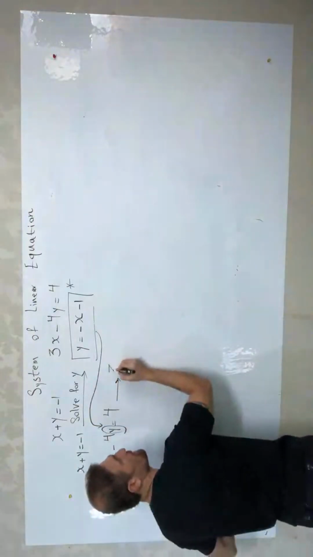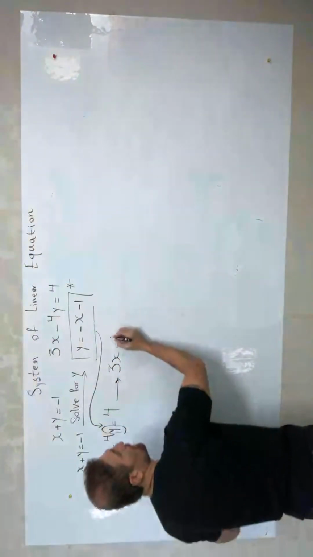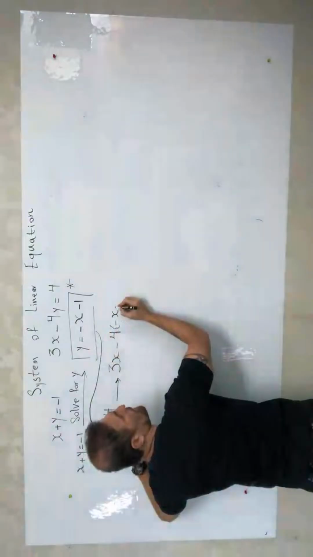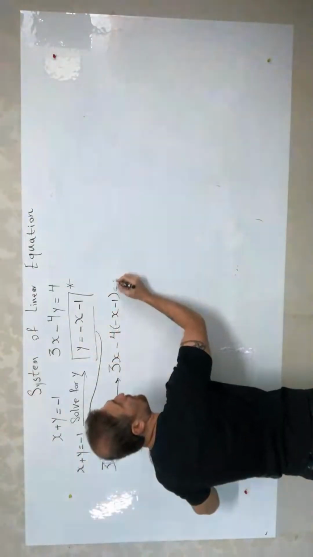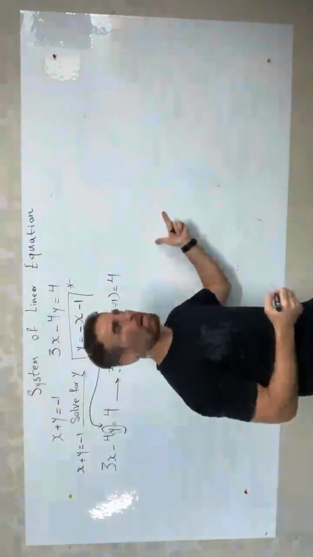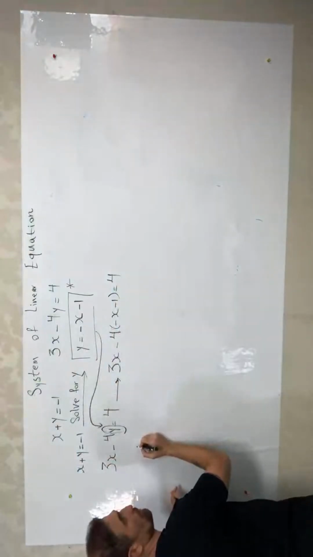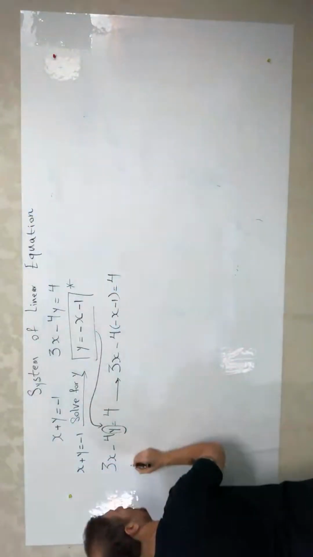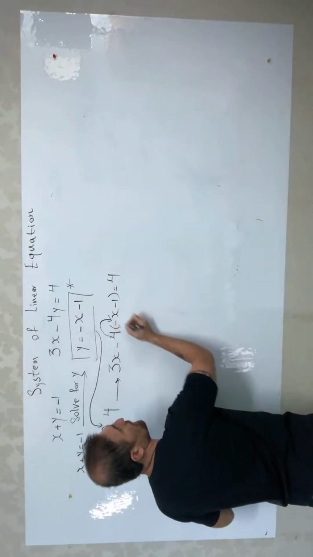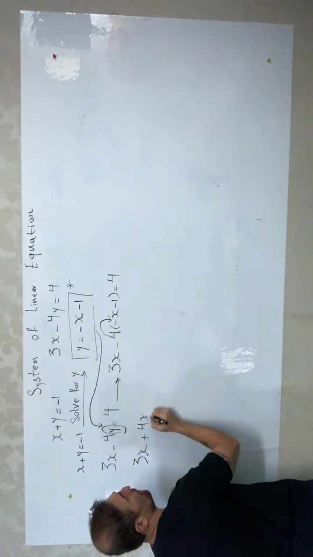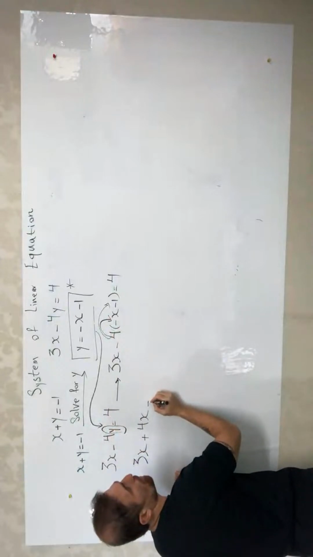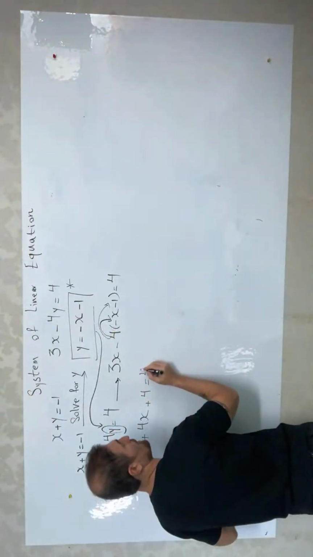We have 3x minus 4 times the quantity negative x minus 1 equals 4. From here we can find the value of x. So 3x, I want to write it. Negative 4 times negative x is going to be positive 4x. Negative 4 times negative 1 is going to be positive 4, equals 4.